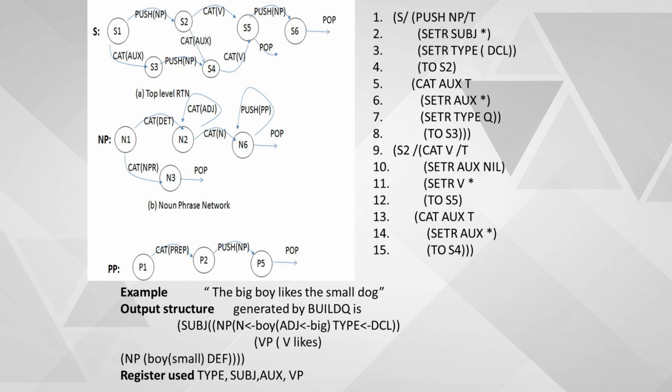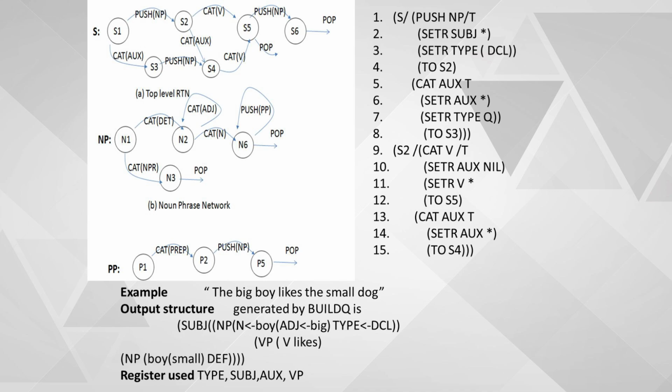So, if the sentence follows the first part, then the subject register will be set because it is a noun phrase. The sentence type will be declarative because whenever the sentence starts with a noun phrase like the cute little girl, then this type of sentence is a declarative sentence.